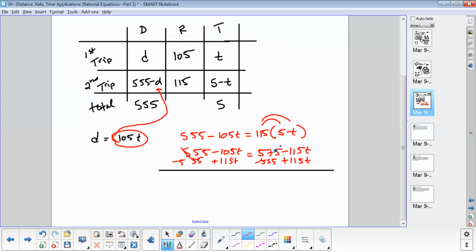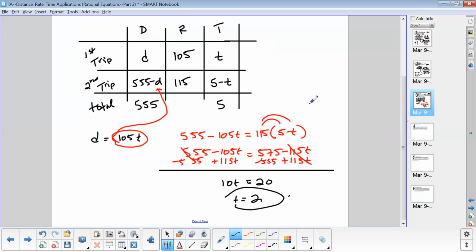So this goes to 0, this goes to 0, and we're left with negative 105t plus 115t is 10t, and this will be 20. So t is equal to 2.